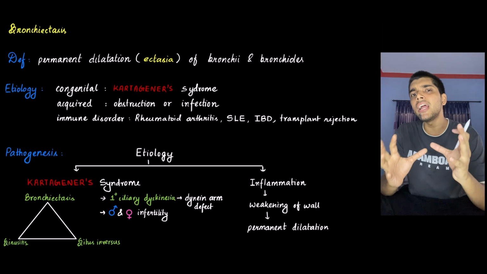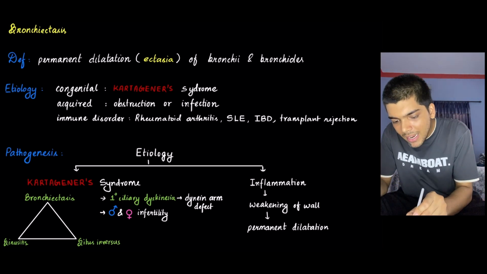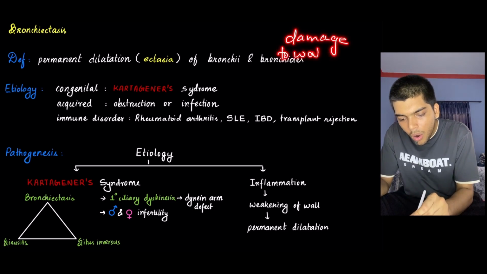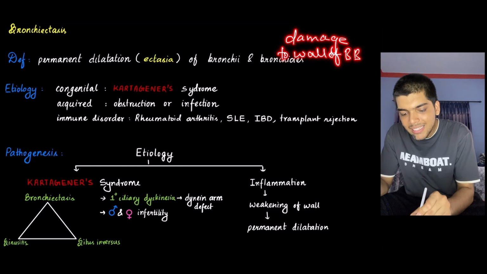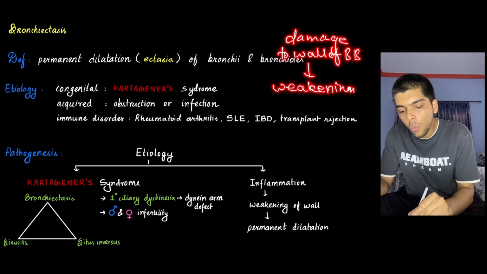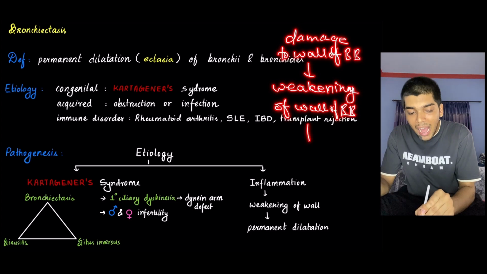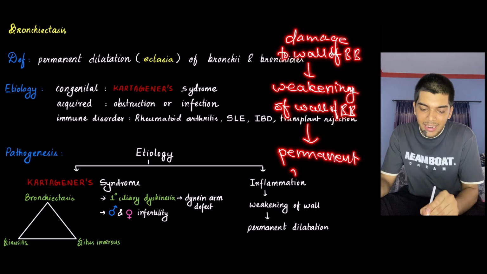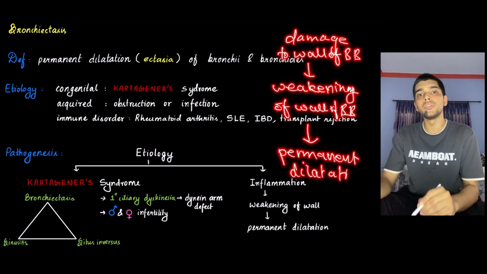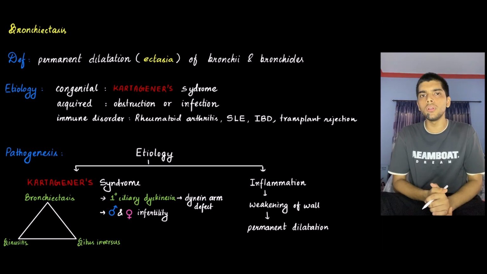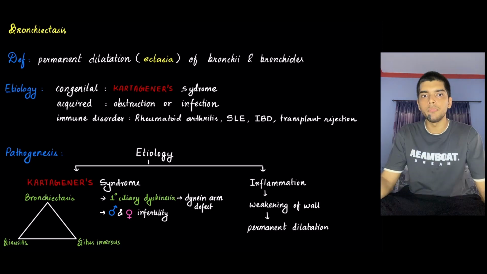So the final thing that you need to remember is that there is damage to the wall of bronchi and bronchioles. As a result, there is weakening of the wall, due to which there is permanent dilatation. So there is damage to the wall, weakening of the wall, and then permanent dilatation of bronchi and bronchioles.